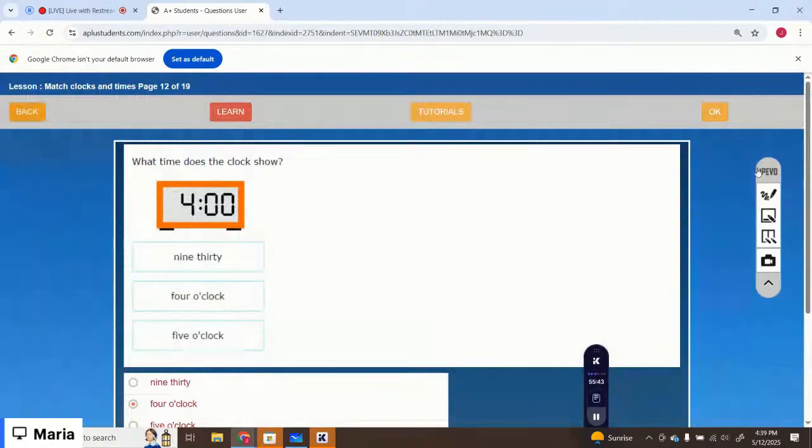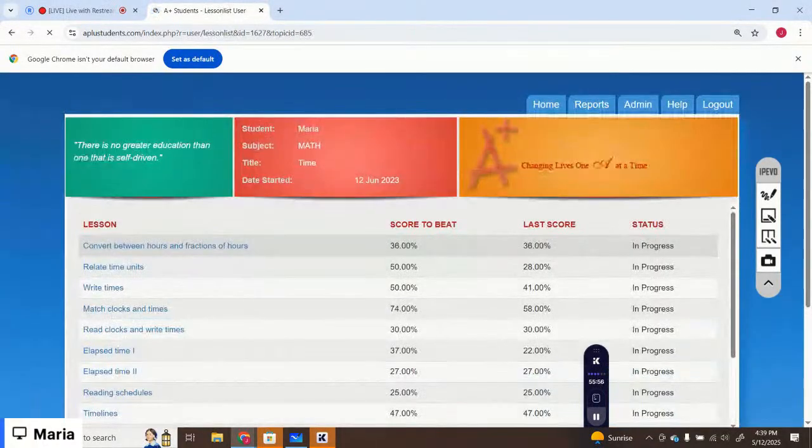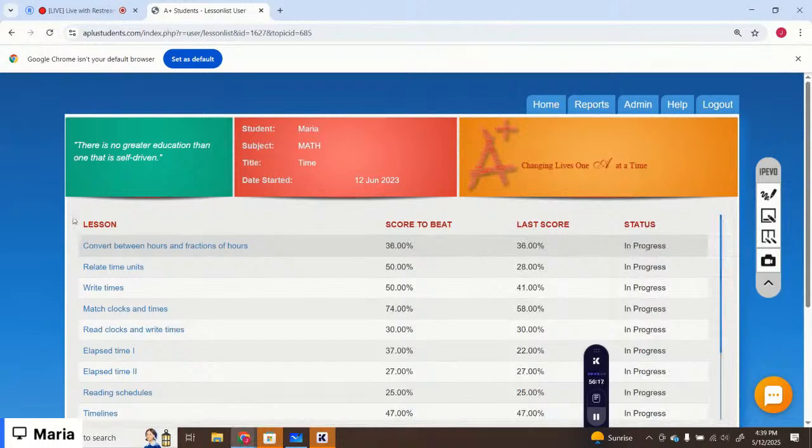Okay, you can complete the lesson by yourself maybe today. So we were working on grade 3 math. The chapter we're working on is time. The lessons we have covered today are convert between hours and fractions of hours, relate time units, write time, match clocks and times.